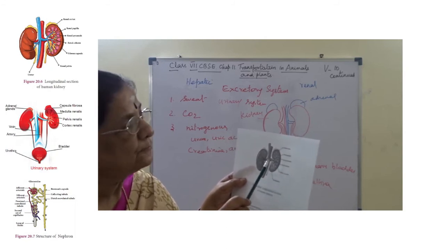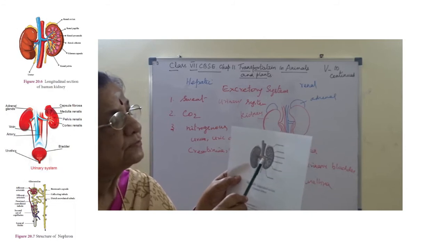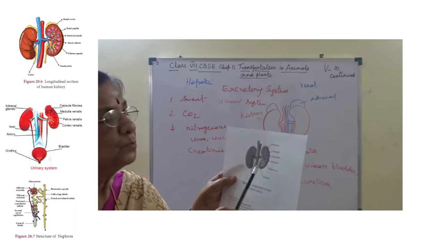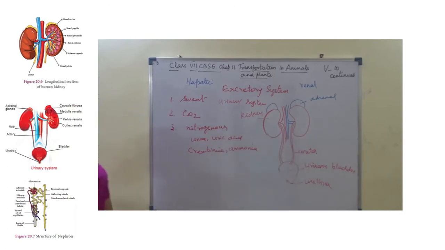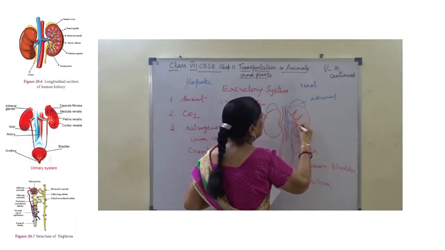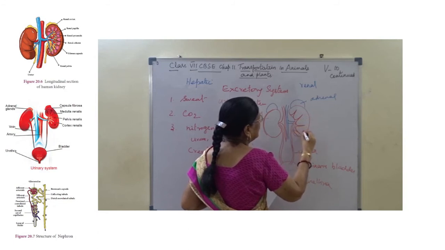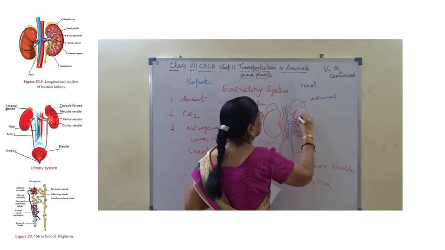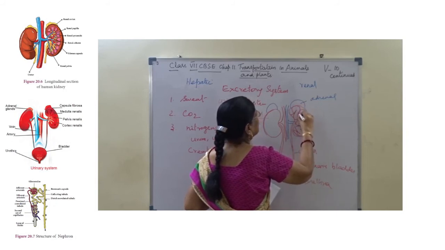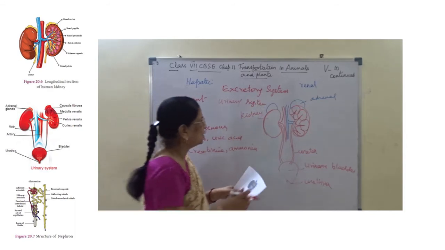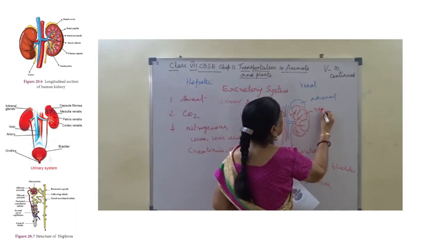Right? And then from the inner part of the kidney arises a cone-shaped projection. One minute. From the inner part arise cone-shaped projections like this, and they are arranged like this. This is called the renal pyramid.